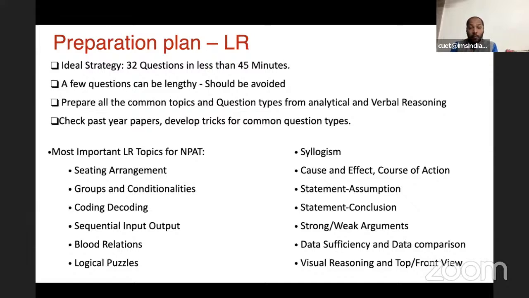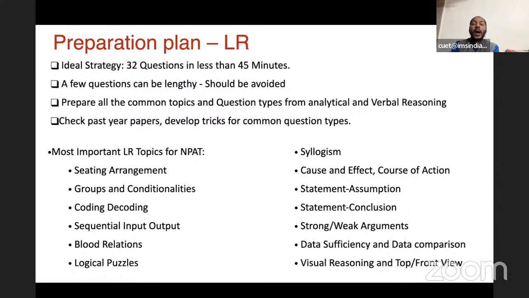Another question type that is asked a lot is data sufficiency and data comparison. Now data sufficiency is not a new concept as such. It uses the concepts of maths and logical reasoning, but it is a different question type wherein you're given some data and you have to check how much data is sufficient to answer a certain question.